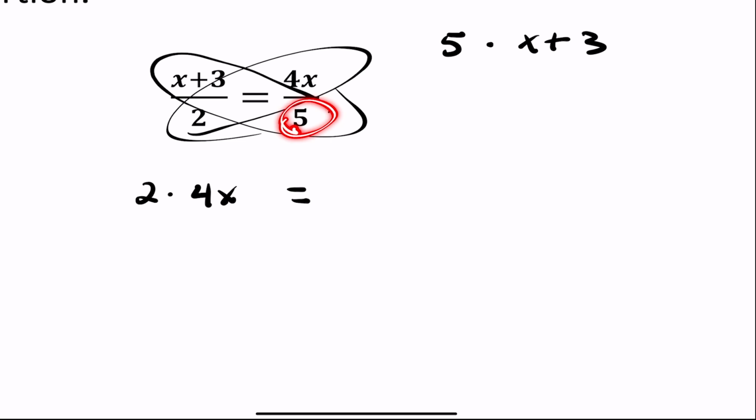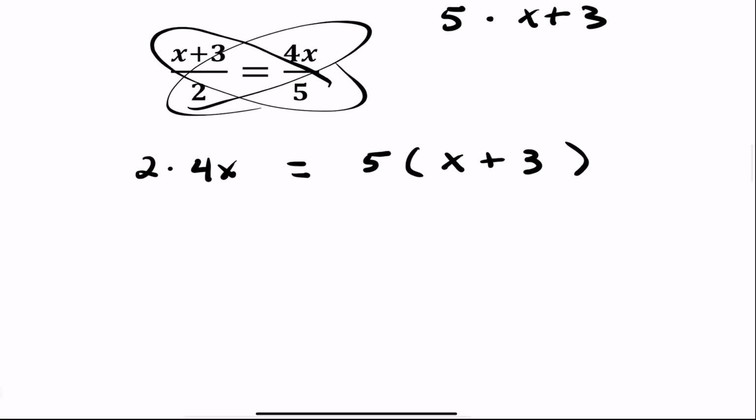You have a number multiplied by an expression here. What you need to do is write the number, and since you're multiplying this number with this expression here, you have to put the parentheses. So it's 5 times the quantity x plus 3.